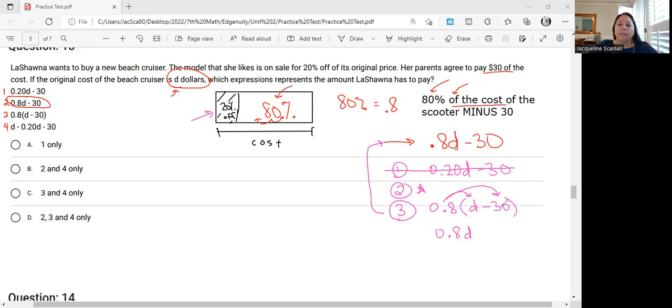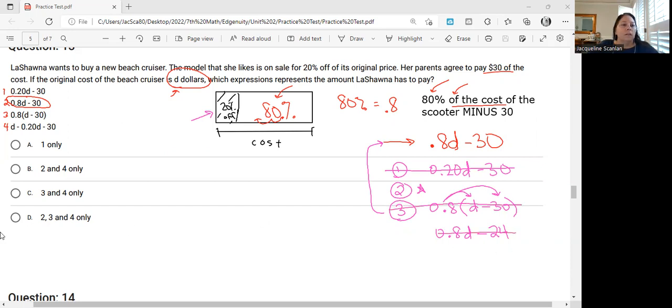And then 0.8 times negative 30 is not going to give me negative 30, which is what I need. It would give me 24. So when I distribute that 0.8 times negative 30, I get negative 24. And that does not match my 0.8D minus 30. So it can't be number 3.